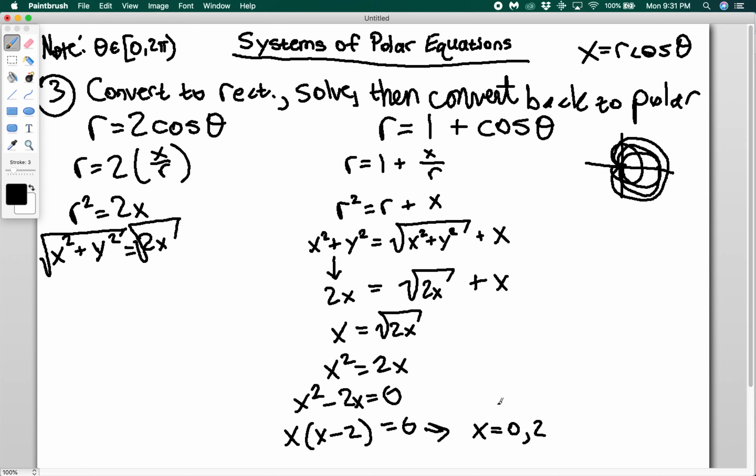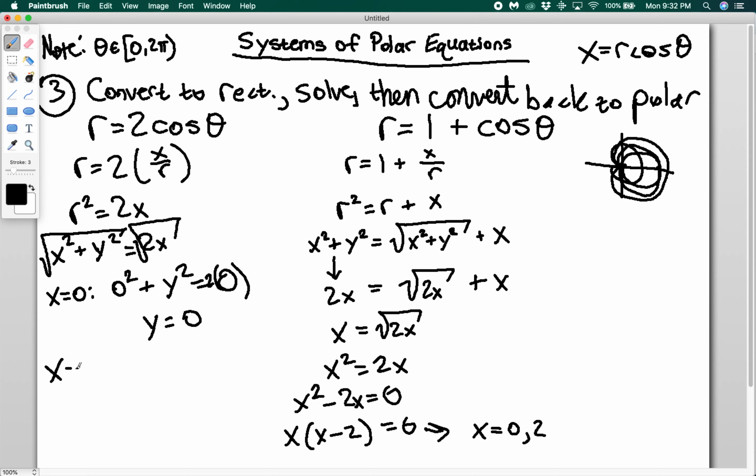And then we want to figure out what r is. So I'm going to take this and plug it all the way back into the easy equation, this one over here. If x equals 0, then what is y? I get 0 squared plus y squared is equal to 2 times 0, right? So y equals 0.